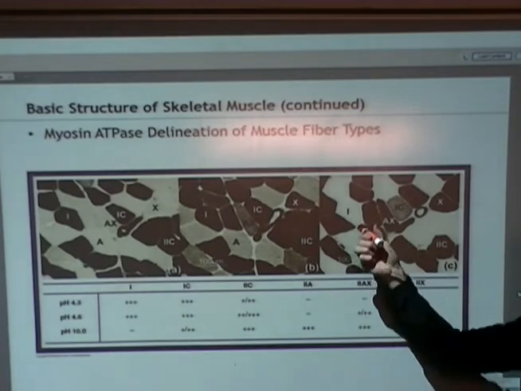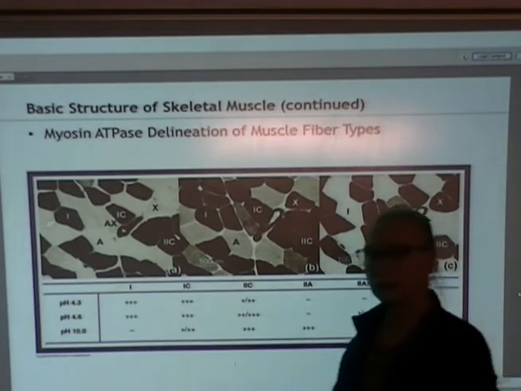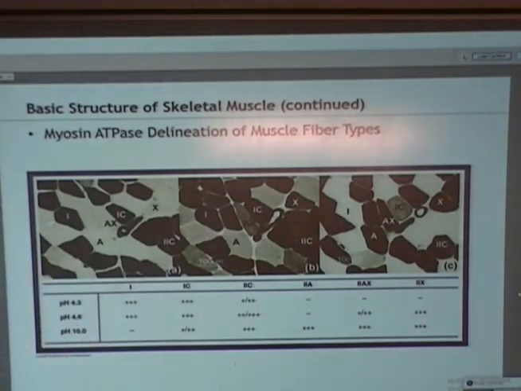Okay? So I've got some type 1s, some 2As, some 2Xs, all within one bundle, and then scattered throughout all the bundles within one muscle. All right?